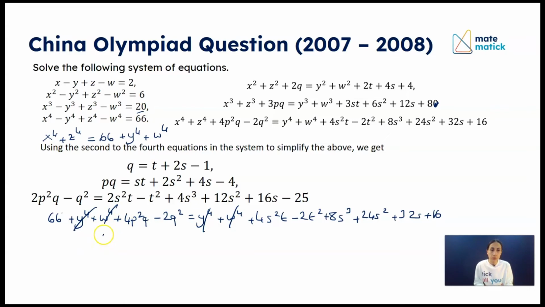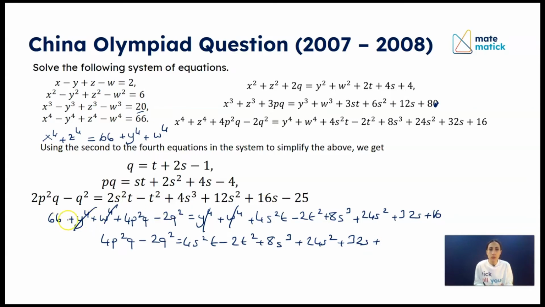So 4p squared q minus 2q squared is equal to 4s squared t minus 2t squared plus 8s cubed plus 24s squared plus 32s plus 16, but we have here 66.